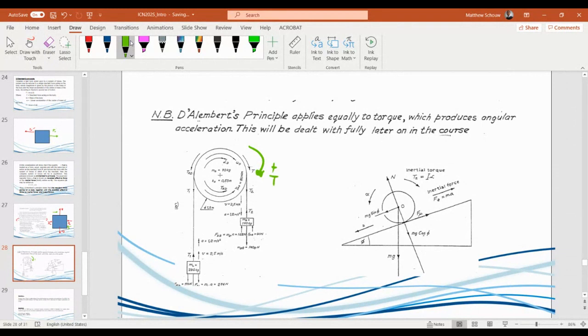We have a clockwise torque, and this rotational inertia, which is quantified later on. I'll give you a small hint for the future. Do you remember in linear motion and angular motion you had your v equals, you remember this? Then you had a correspondence: omega 1, omega 0, alpha and t.